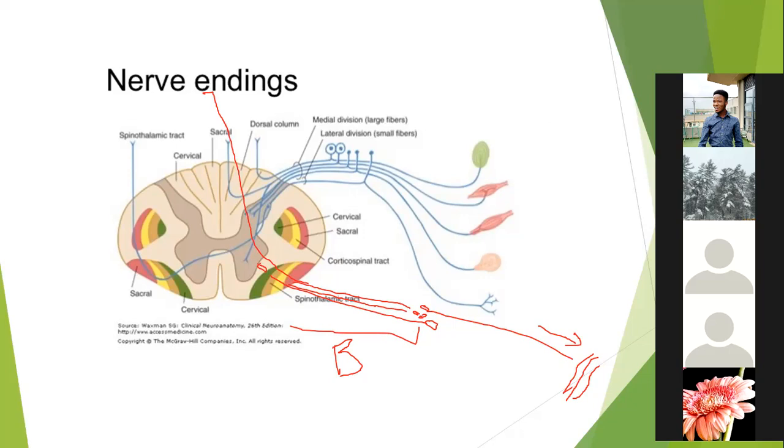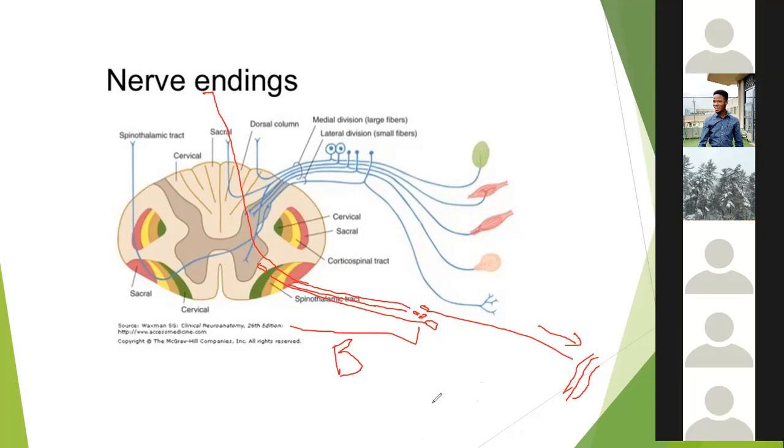Yes, Samuel. No. Why? In which classification won't they appear? They will appear in the Erlanger-Gasser classification only. Why? Because Erlanger-Gasser classification deals with sensory and motor nerves, but the other classification, Lloyd's, deals with only sensory neurons.